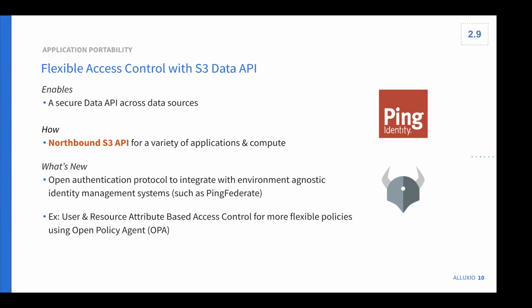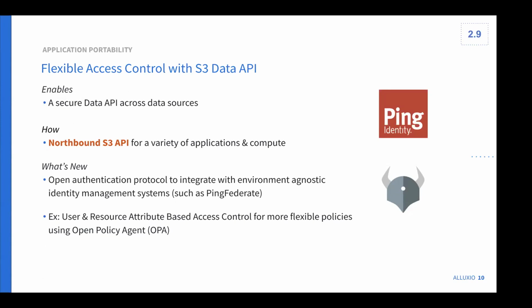Now, at the same time, we also hook into policy agents such as Apache Ranger, and also something called open policy agent, which is more prevalent in the Kubernetes world. So the OPA provides a flexible way of enforcing policies, including policies which can be based on user and resource attributes.